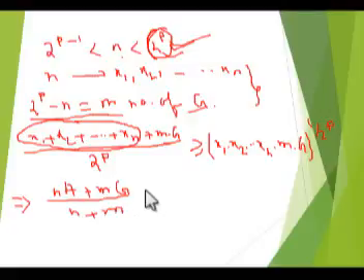Now this is greater than or equal to, here we will get, so this multiplication up to n is equal to g to the power n, since g is the nth root of this multiplication. So this will be g to the power n. Here I have written it wrong.